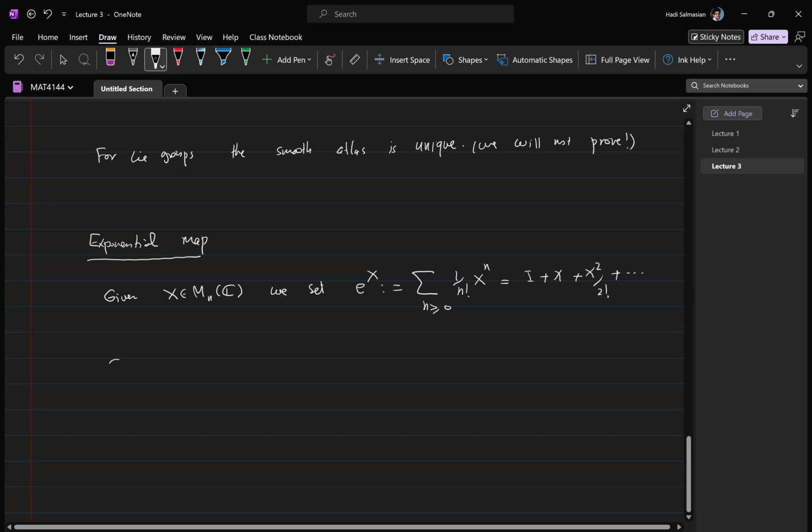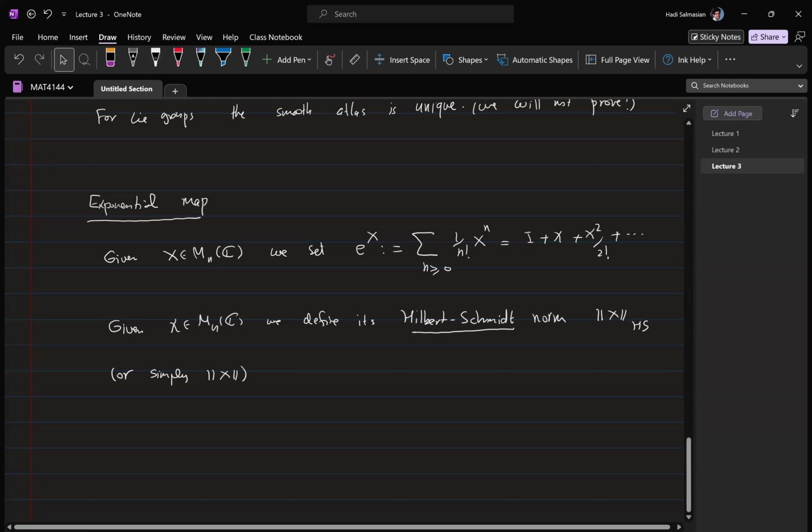So given an n by n matrix X, we define its Hilbert-Schmidt norm, or simply norm X, because we will only be talking about this Hilbert-Schmidt norm for a while at least.